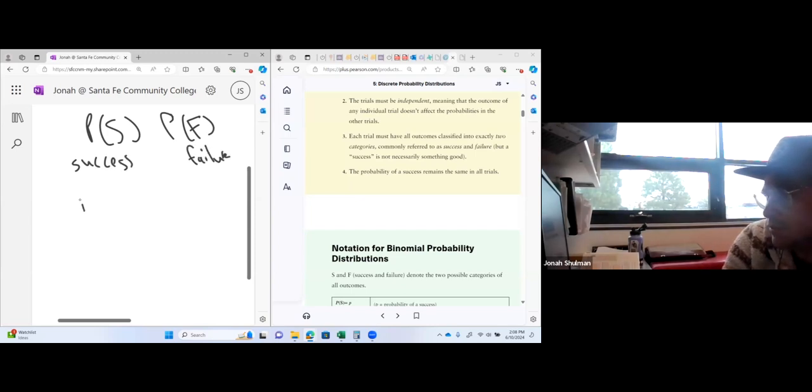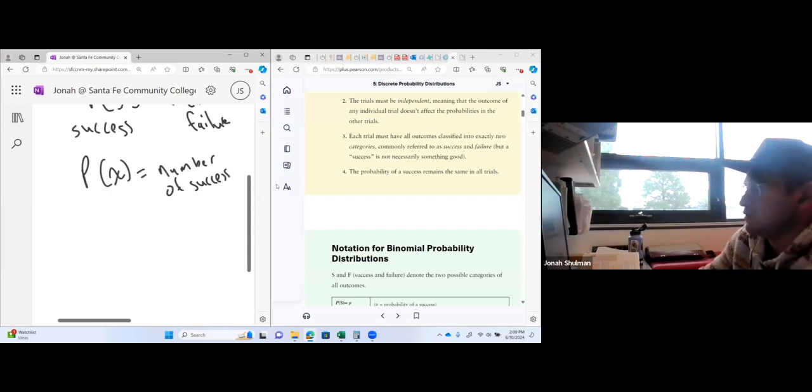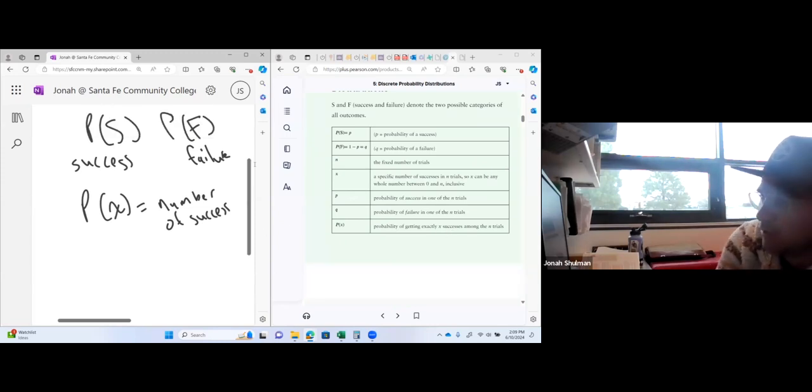Well, we want success. When they say the probability of X, this means the number of successful trials. That's what we care about. This is the one that means the most to us, P of X, the probability of getting exactly X successes out of that many trials.